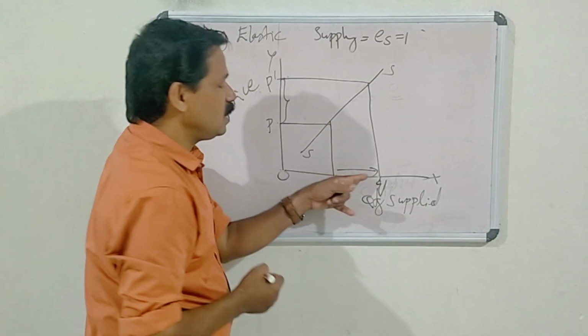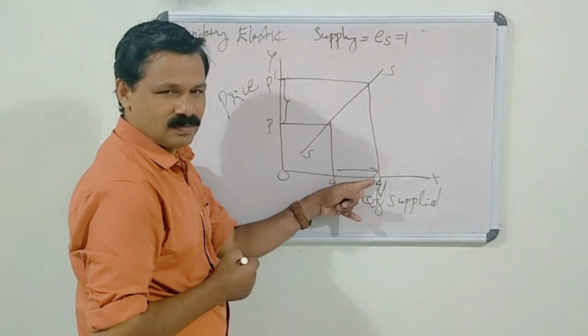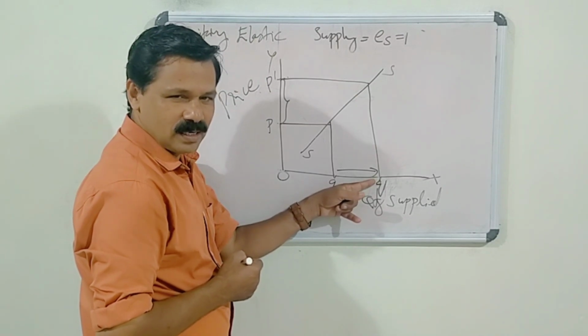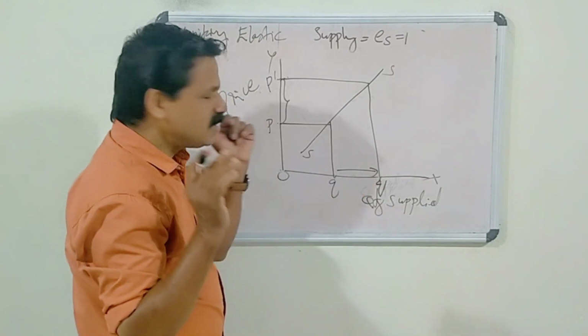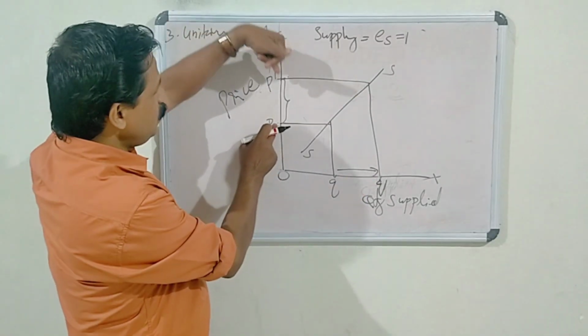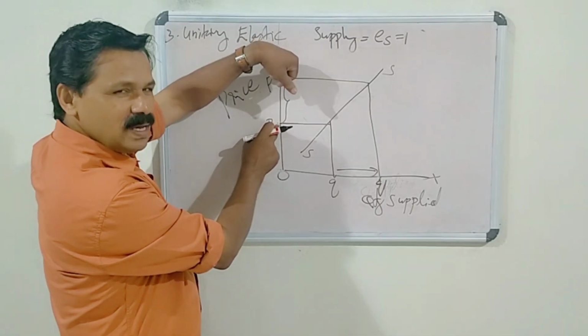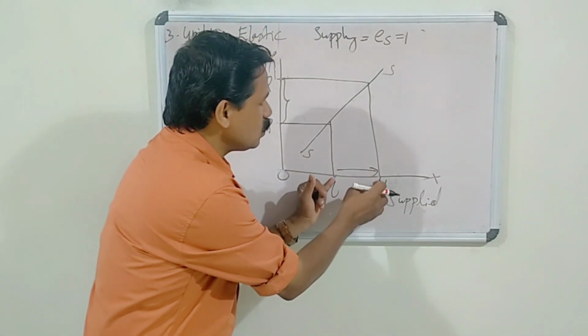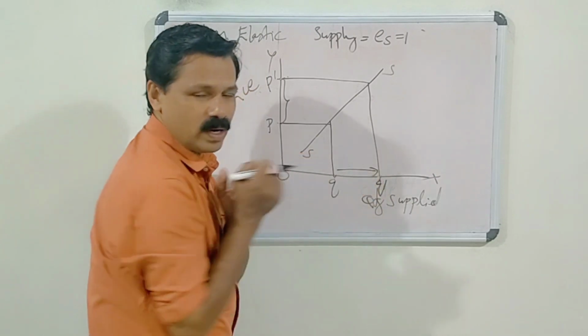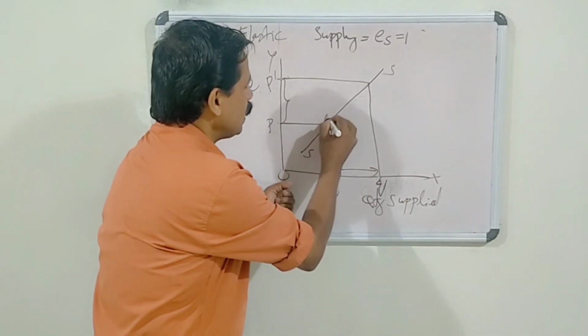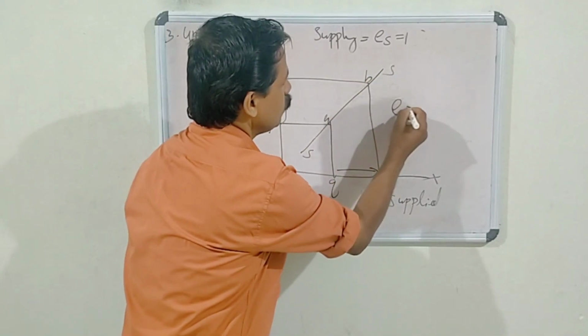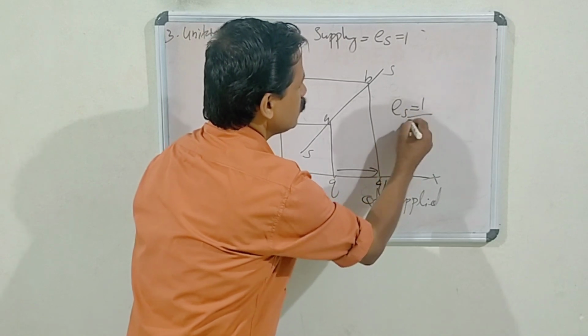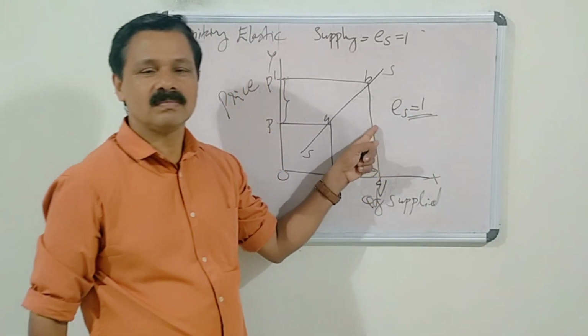It should be remembered that the distance between P and P1 should be exactly equal to the distance between Q and Q1. Here the elasticity of supply, or the value of elasticity, is equal to 1.